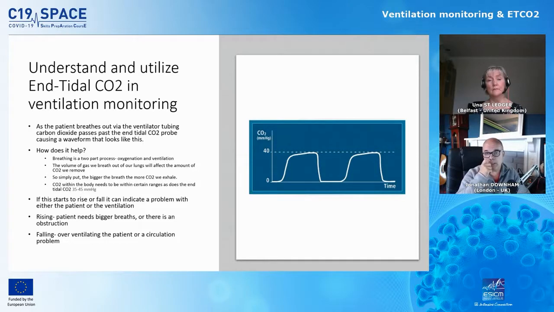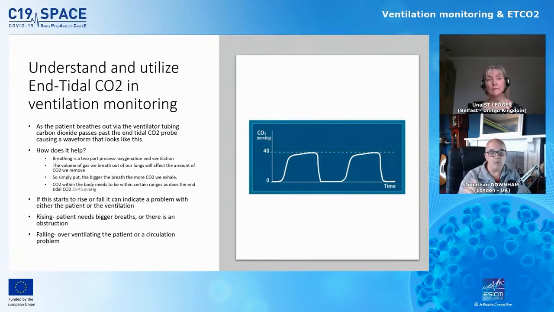This is commonly the patients who have COPD with type 2 respiratory failure, who will have high levels of carbon dioxide because they're not able to breathe it out because of either obstruction or increased resistance or poor compliance of those lungs. We need to keep the carbon dioxide within certain ranges, and we have the same thing with the end-tidal CO2.